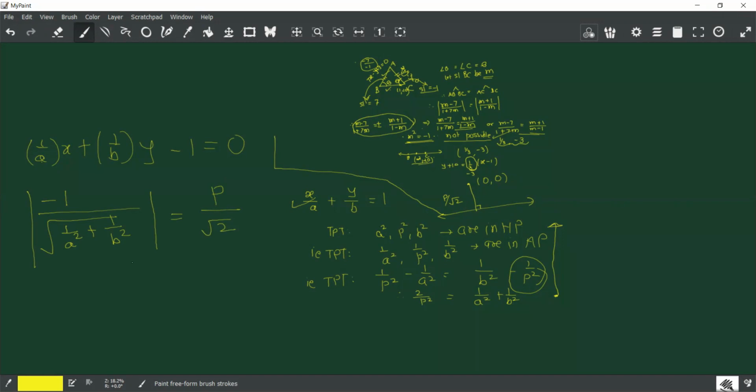The distance of the line from the origin, mod of c upon root of a square plus b square. Correct? Yeah, perfect. See, Rutuja, when you are doing a subjective thing, we don't use the formula directly. All right? We are supposed to show. I appreciate that you know it very well, and this will be very helpful if your paper is only MCQ.